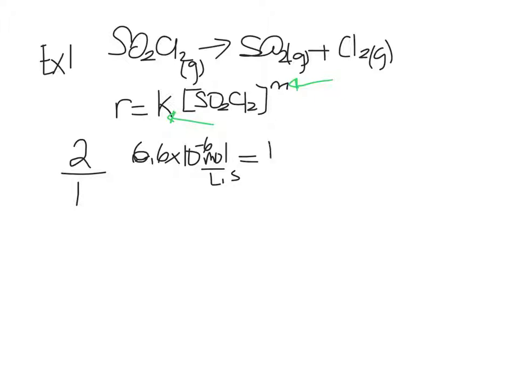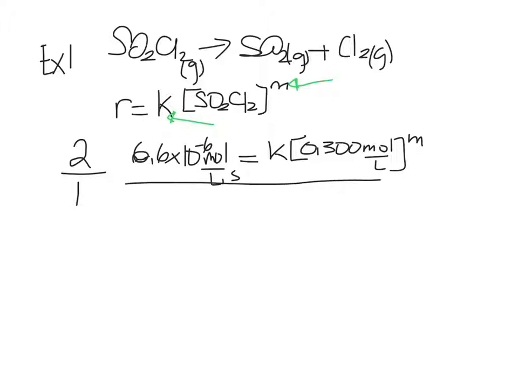This is going to be equal to some constant K, and our concentration for run 2 was 0.3 mole per liter to some exponent M. Now we put in all the data for experiment run 1.